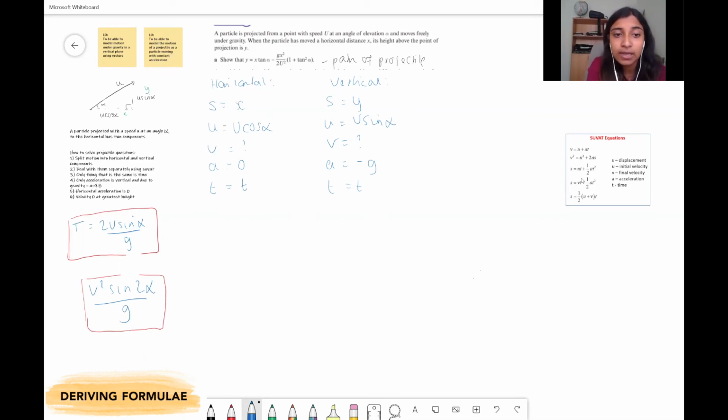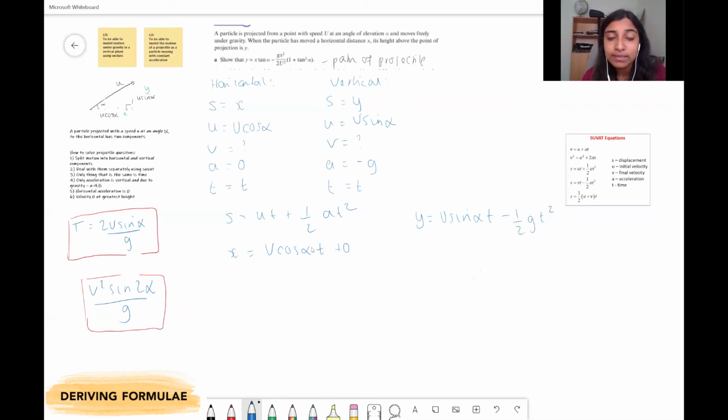That's just s equals ut plus half at squared. So you could say that x is just equal to u cos alpha t, plus 0. And then on our vertical, we could say that y is equal to u sine alpha times t minus a half g t squared.